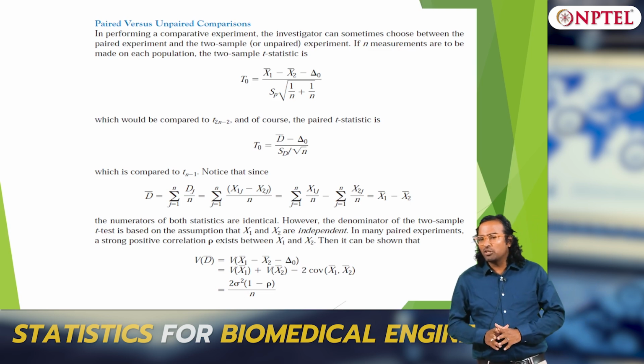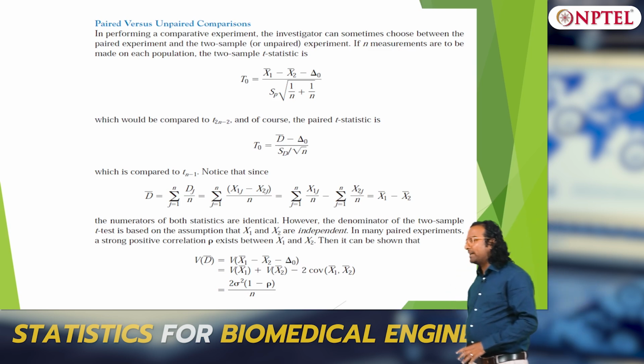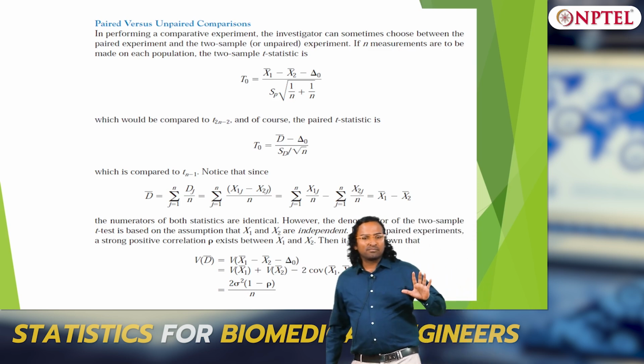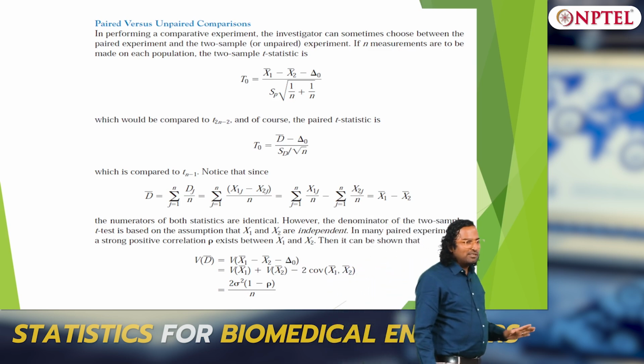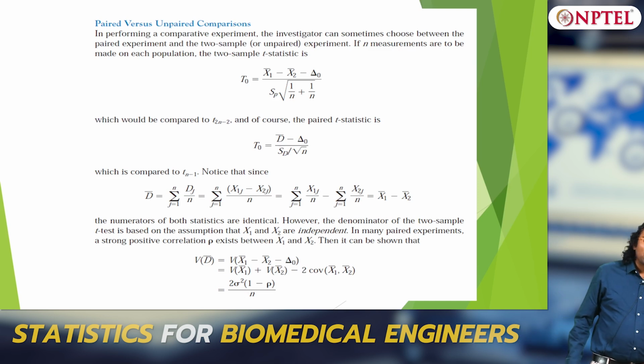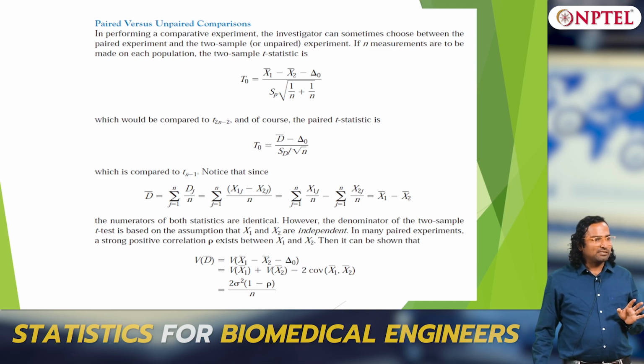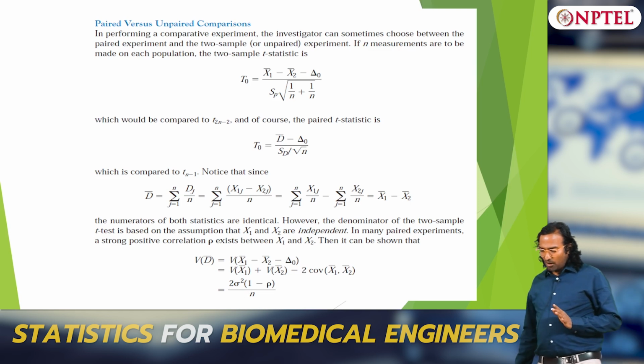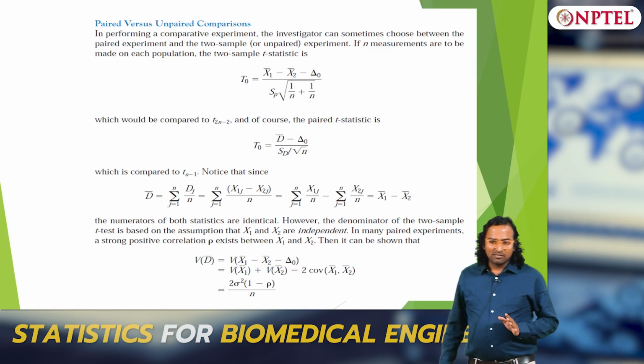So the paired t-test is all about maintaining homogeneity, and if homogeneity influences the output, then you have to do a paired t-test. Clear? And it will come with its own drawbacks.